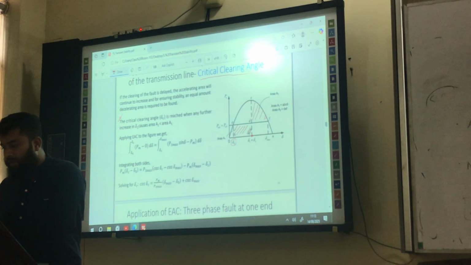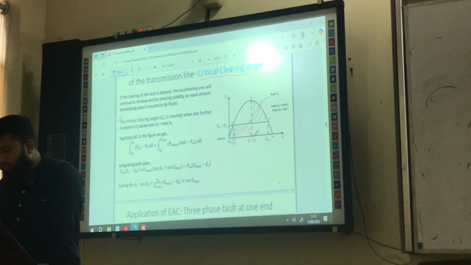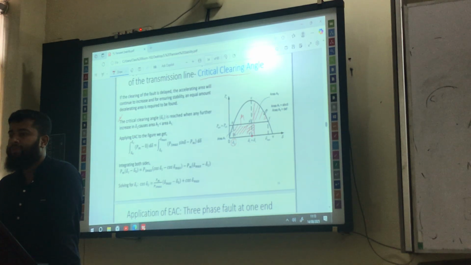What does it mean? If we increase this delta further, then this area A1 will be higher than this remaining area A2. That means A2 can no longer equal A1, so our accelerating energy cannot be given back completely in the decelerating area. At that time, the system will be in the unstable state.